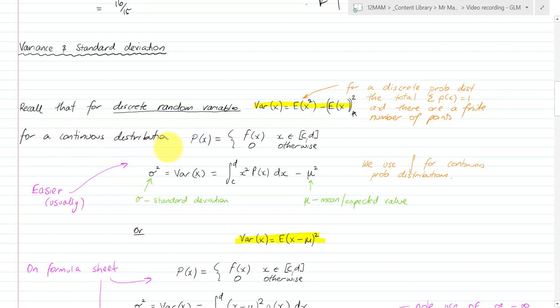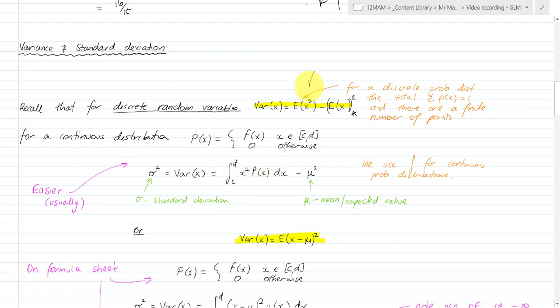So for a continuous distribution, the probability is equal to f of x, where x is between c and d, or 0 otherwise, same as above, except this time we're doing the variance. So this time, instead of the integral between d and c of x p(x), we get the integral between d and c of x squared f(x) dx.